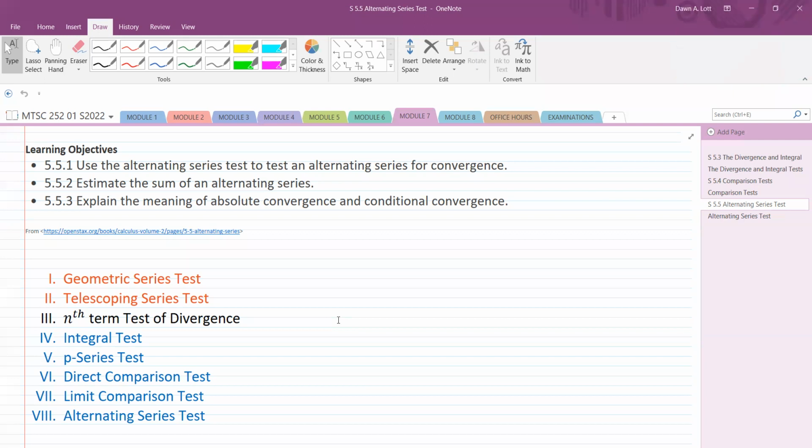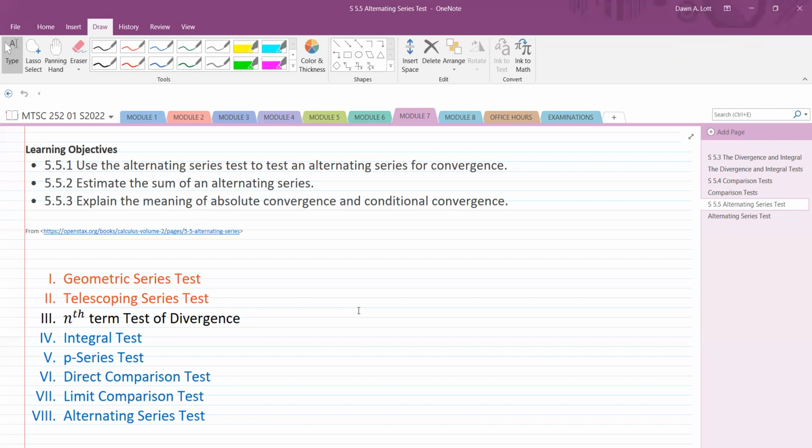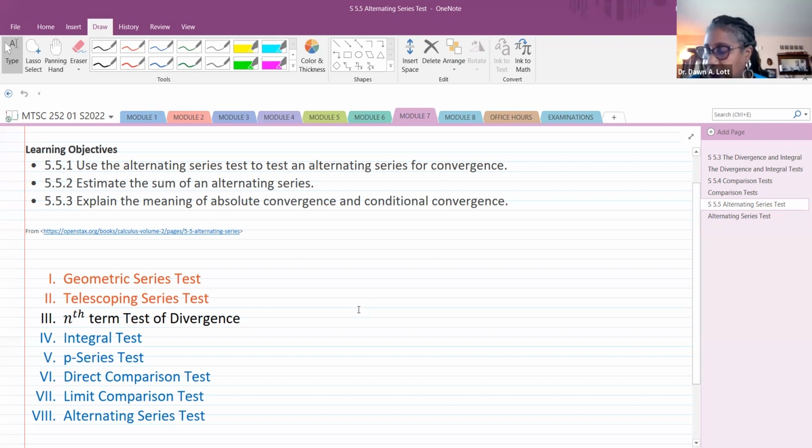Is there telescoping? Telescoping is one, and what's the other? Geometric. Awesome. Okay, which of these tests cannot tell you if a series converges? Is it the nth term test? The nth term test of divergence does not tell you whether the series converges, it only tells you if the series diverges.